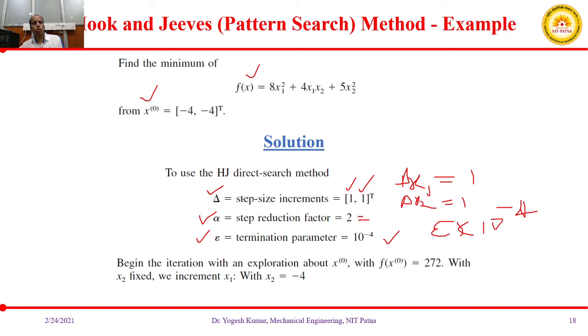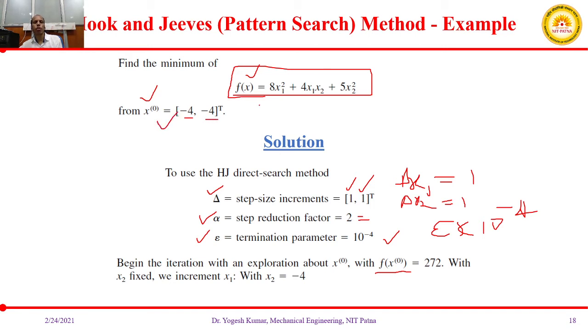First we will be doing the exploratory search on this function. For exploratory search, we should calculate the value of the function at the current starting point. Your starting point is x1 equal to -4 and x2 equal to -4.